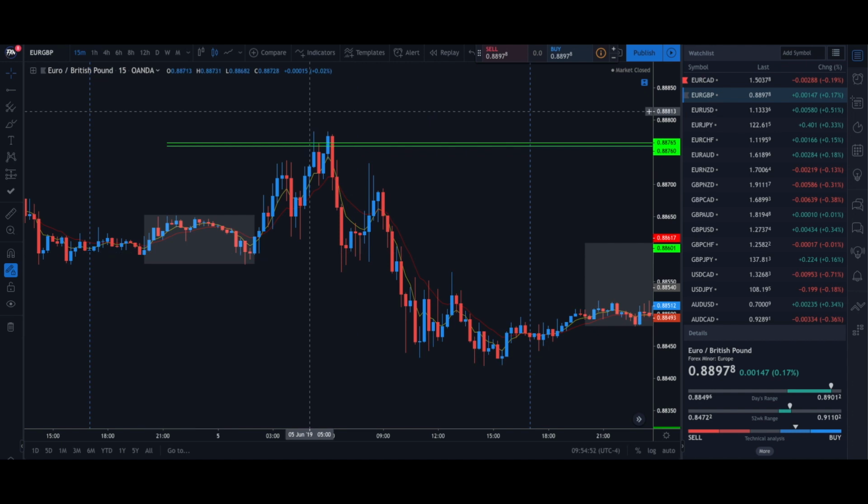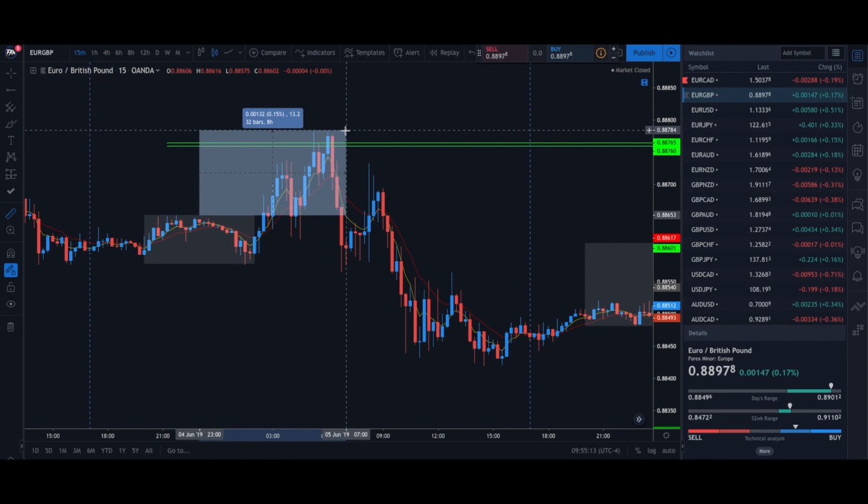In a type 1 setup, they can go up to 50 pips in one direction to convince you to go in that direction. In this case, they only went up, let's say, 12 or 13 pips.